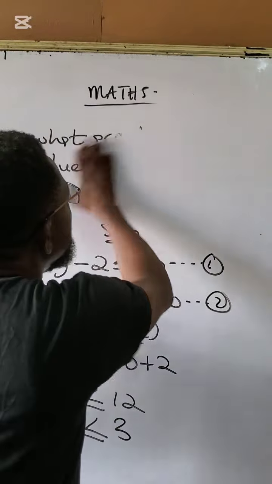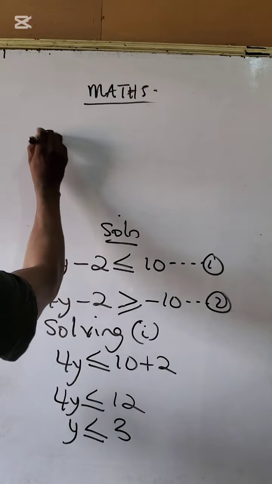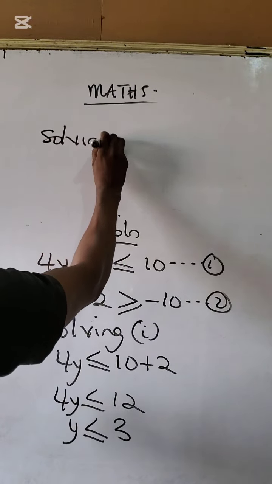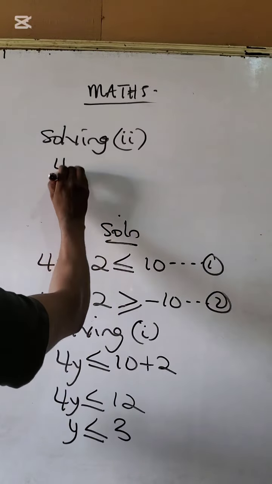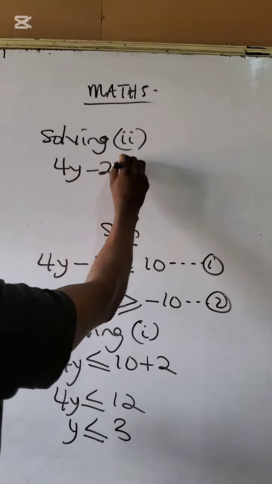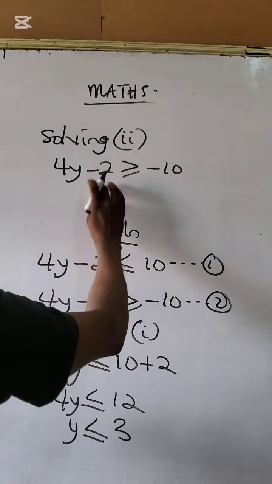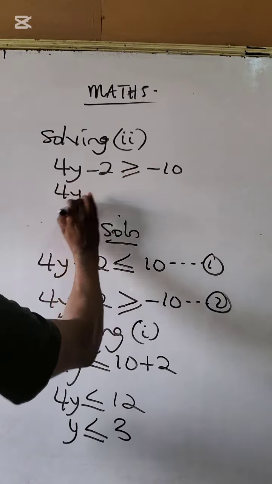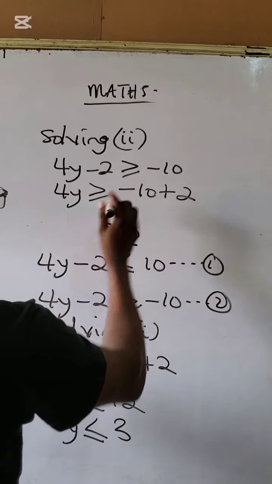The next thing I will do is to solve the second equation. I have 4y minus 2 greater than or equal to minus 10. So now transfer minus 2 across. If I transfer minus 2 across, it becomes plus 2.